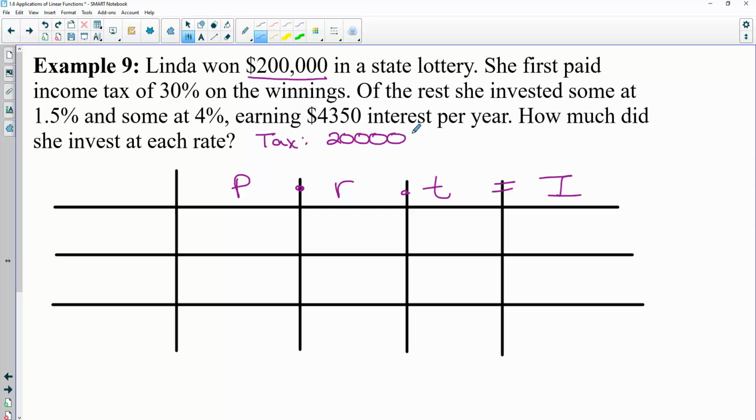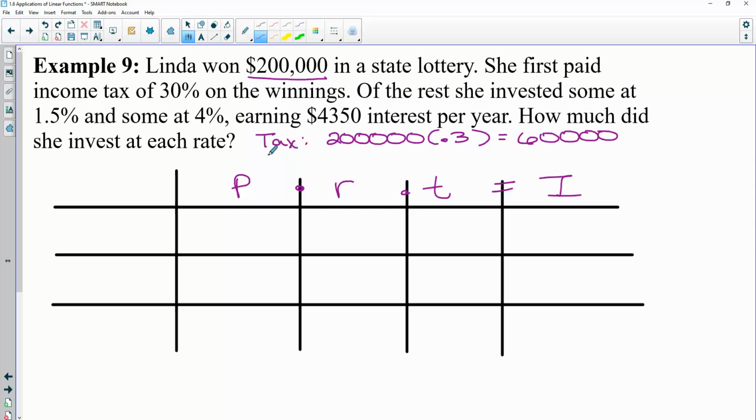So she had 200,000. 30% is taxes. So 200,000 times 0.3 is 60,000. So then, if I want to know how much money she has remaining, she paid 60,000 in taxes.